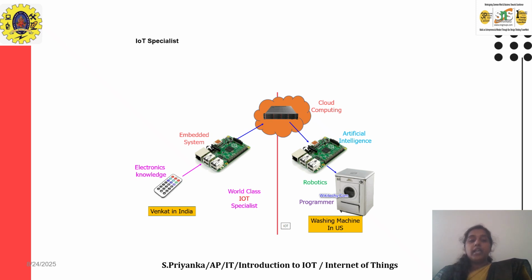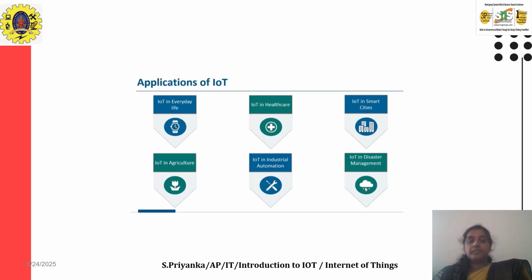Next, we should know the embedded system and what the processes in the embedded system are. We should have knowledge about cloud computing, then artificial intelligence, and finally robotics, and we should know the programming for controlling this washing machine. If you know all these things, if you are good in all these fields, then you will become an IoT specialist.